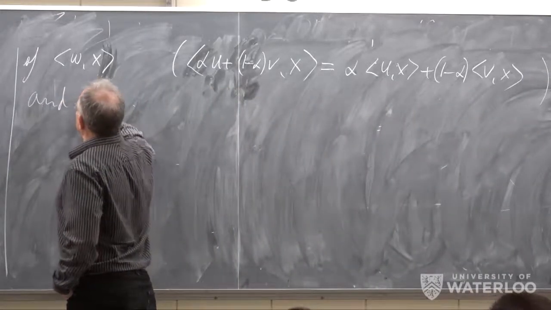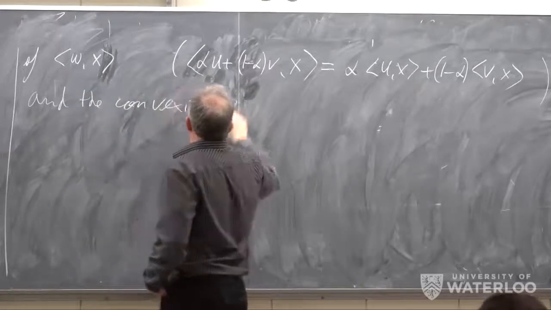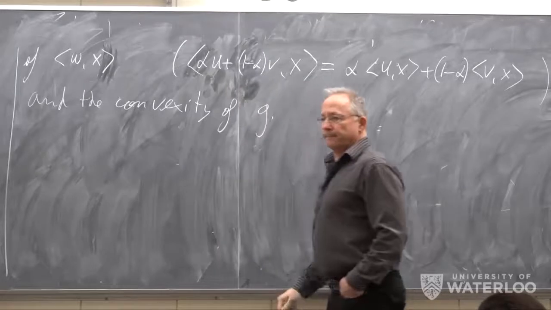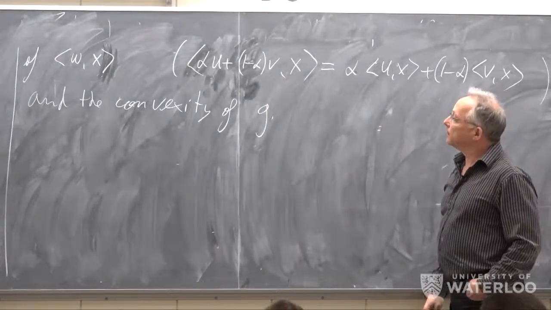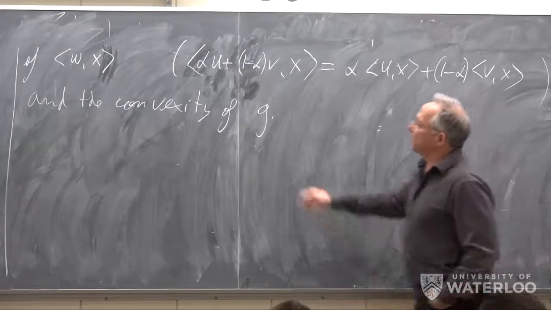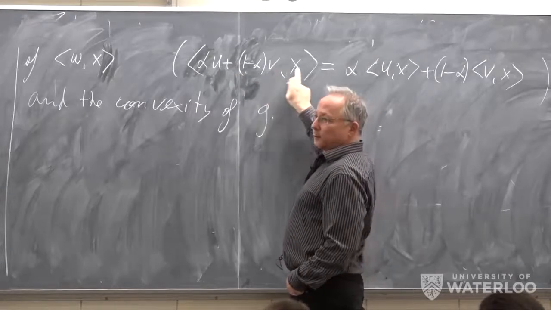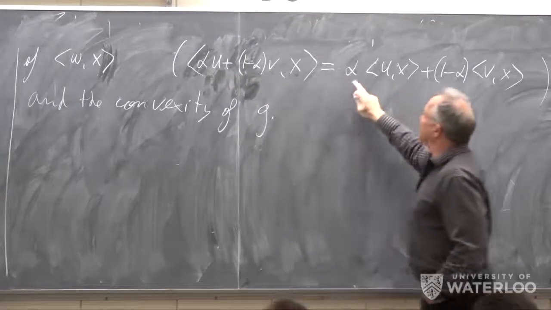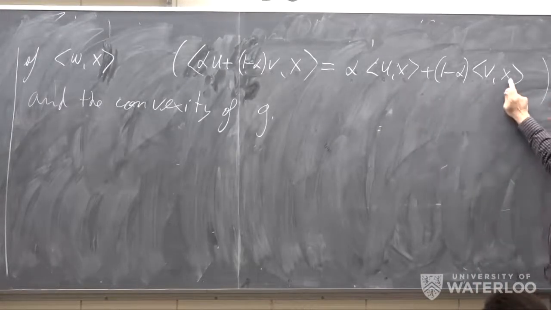and the convexity of g. So if I take the dot product of alpha u plus 1 minus alpha v with x, it's like taking alpha times the dot product with u plus 1 minus alpha times the dot product with v.